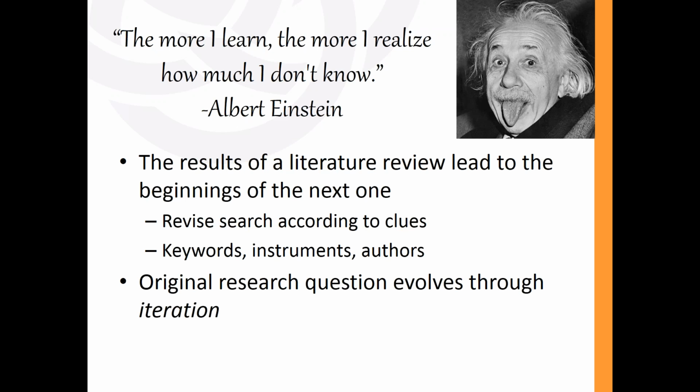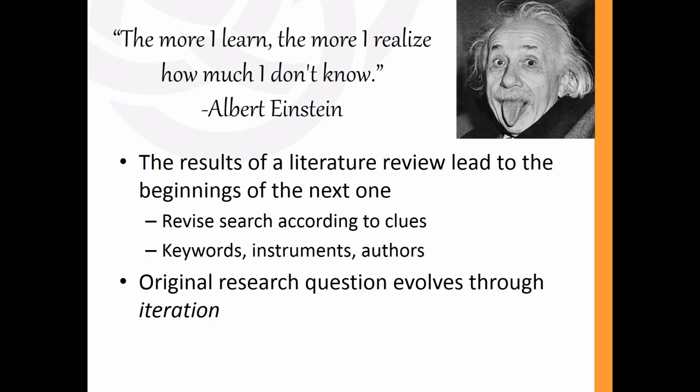And as I mentioned, the results of a lit review lead to the beginnings of the next one. And so you can revise your search according to the clues that you get from the literature, right? You look for things like keywords that previous authors have used. You can search for those. You know, instruments that you may not be aware that they use to study certain constructs.